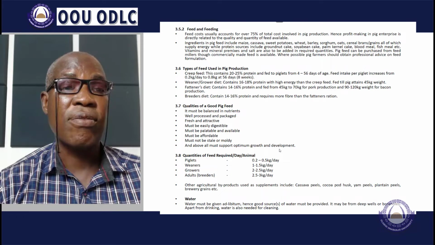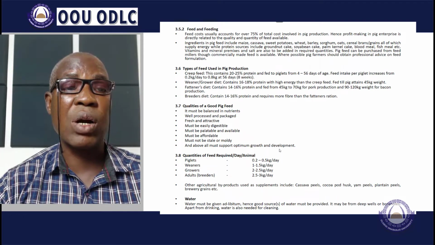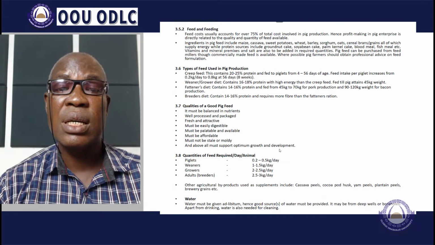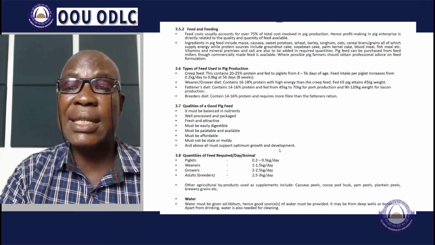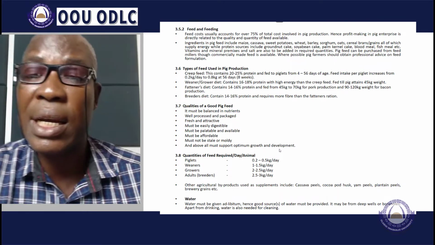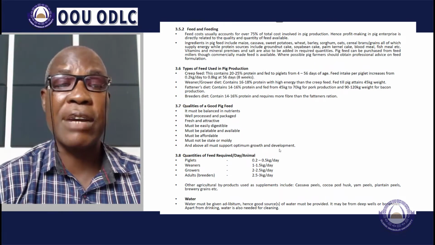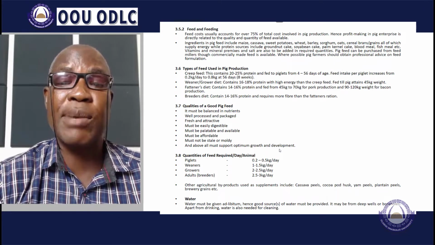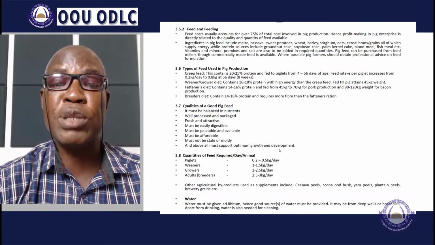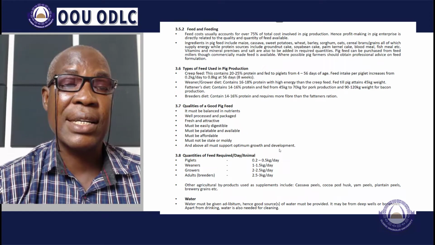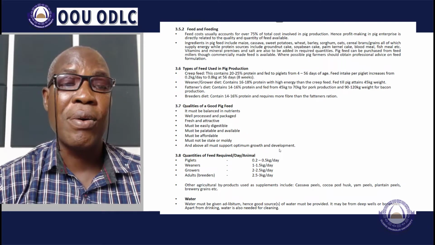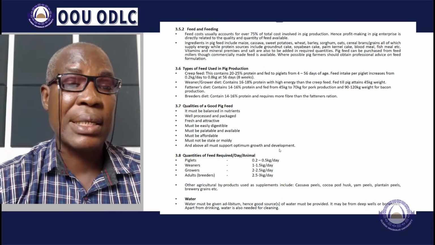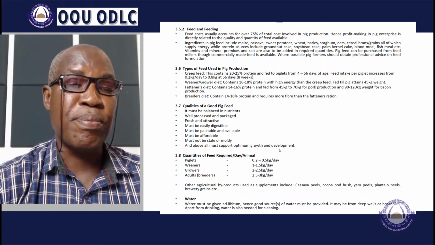Then the second one, which we call the weaner or grower diet, is given to the animal from the 7th week till the animal attains a weight of 45 kg. Then we have the fattener's diet. These are given to animals just to fatten them up for meat production. And then the breeder's diet, which is given to the mothers, that is the dams, and the boars.